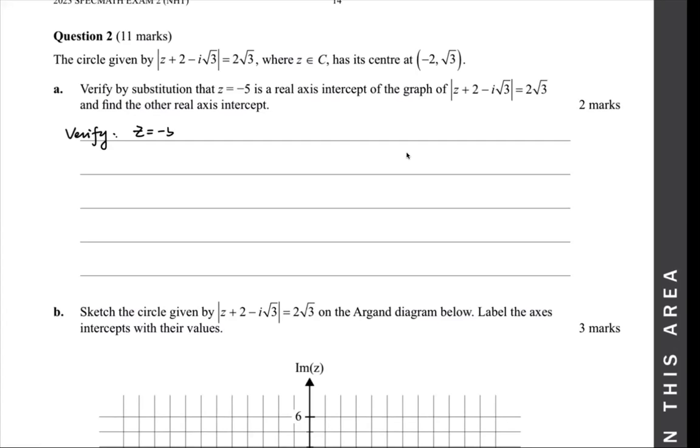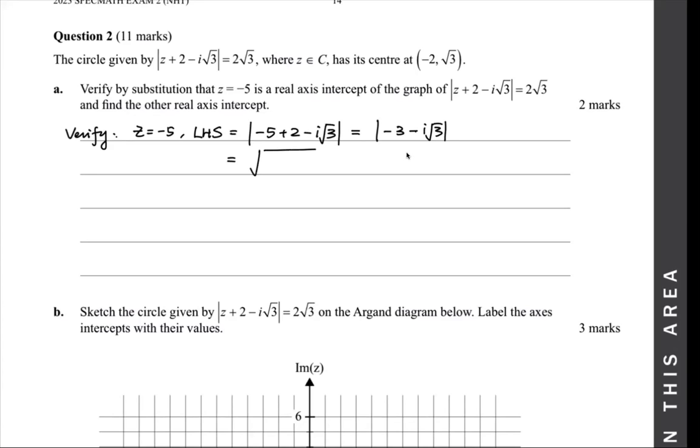If z equals minus 5, the equation has left-hand side equals the absolute value of minus 5 plus 2 minus i root 3, which equals the absolute value of negative 3 minus i root 3. So we are finding the magnitude of this complex number, minus 3 minus i root 3.